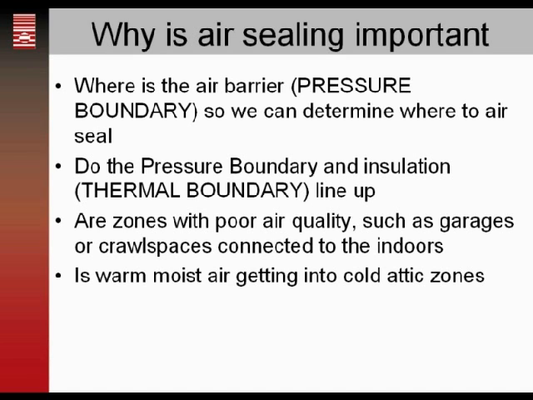Air is able to move through the insulation, and it makes the insulation much less effective. In order to have effective insulation, we need the pressure boundaries and the thermal boundaries to line up. And zone pressure diagnostics can aid us in determining if these pressure boundaries and thermal boundaries are lining up.